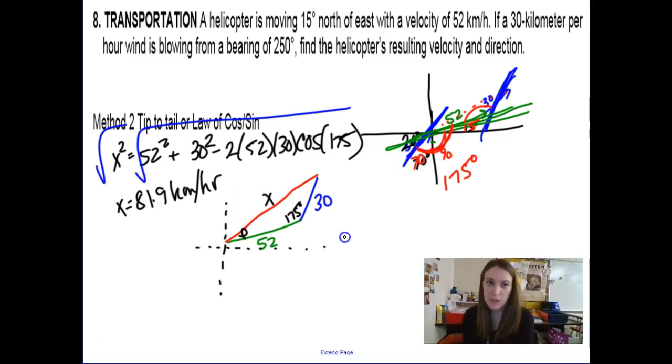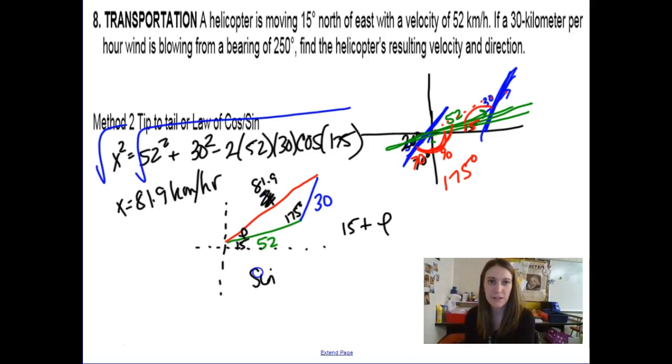Okay. Once I can figure out phi, if I take, remember this was 15 degrees down here? So my bearing is going to be 15 plus this phi thing that I'm about to find. All right. Law of sines to find phi. Remember, guys, we know this is 81.9.